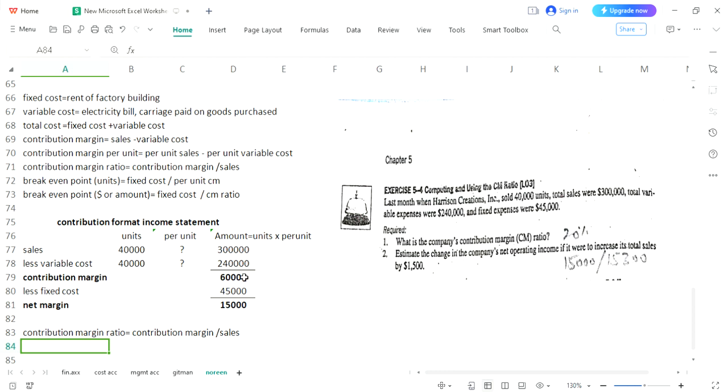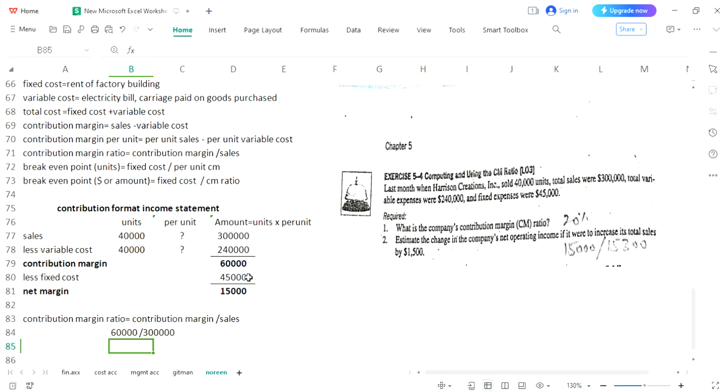Here you have calculated your contribution margin, which is 60,000. So you are going to put 60,000 in the numerator, and then you were supposed to divide it by sales. Sales was 3 lakh, so you will put 3 lakh in the denominator. This way you will be calculating your contribution margin ratio.